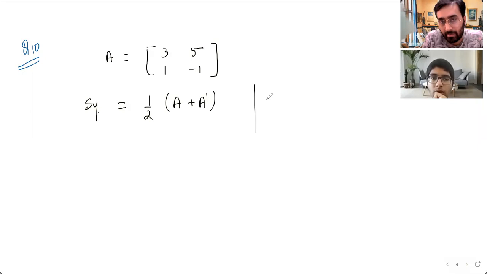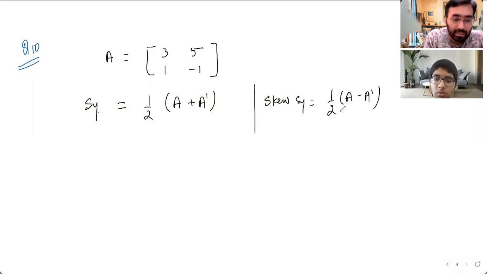And to find a skew symmetric matrix, it is 1/2 (A minus A dash). Got it? Now you have to just apply the formula.